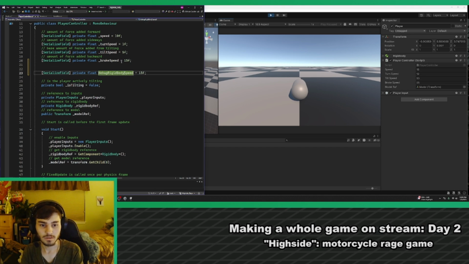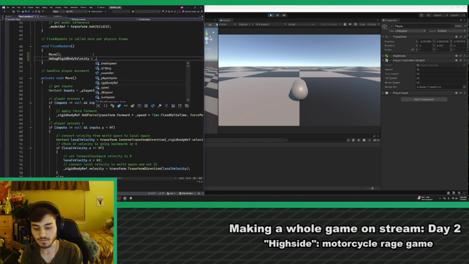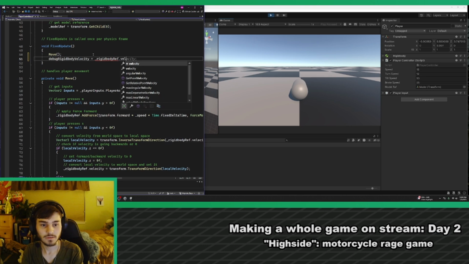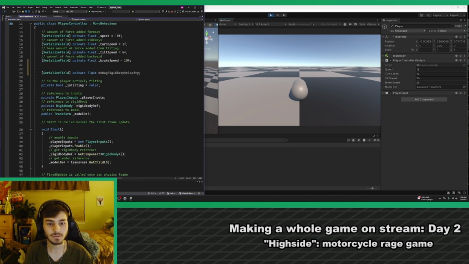Rigidbody velocity. FixedUpdate equals rb.velocity, which is a Vector3, a float.